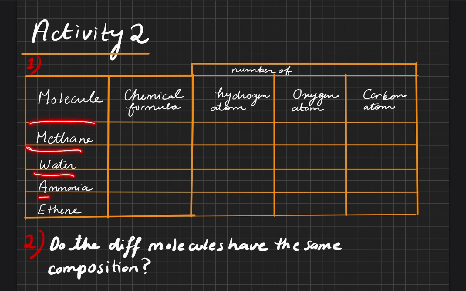We have different types of molecules here, and we want to write the chemical formula, the number of hydrogen atoms, the number of oxygen atoms, and the number of carbon atoms, okay? Now, let us first write the chemical formula. I already gave you the chemical formula as a hint.